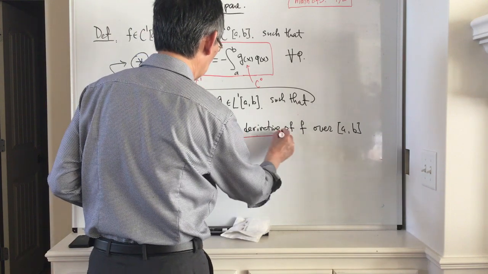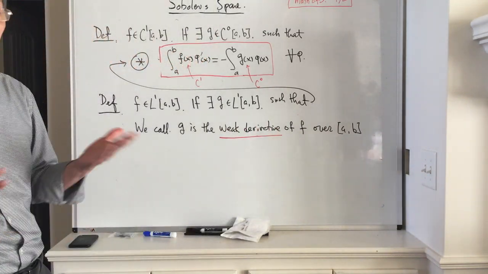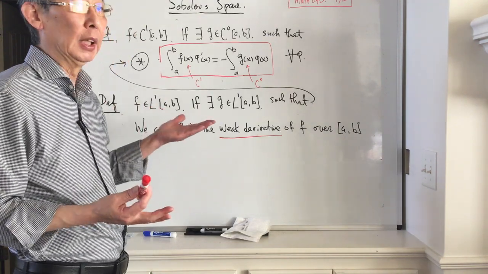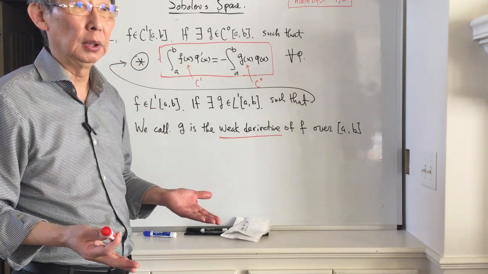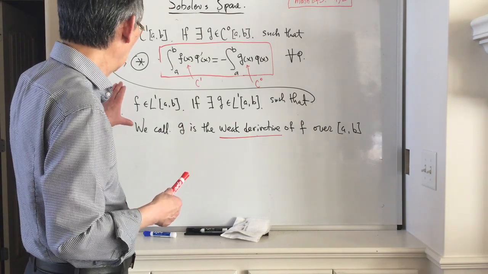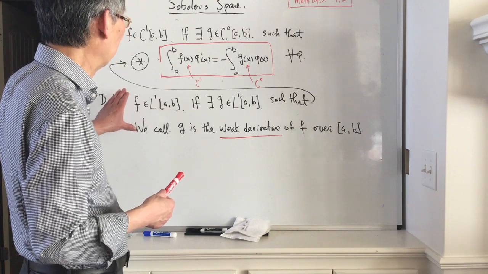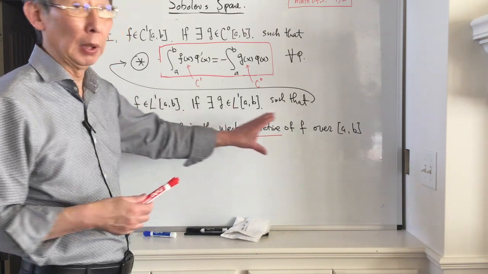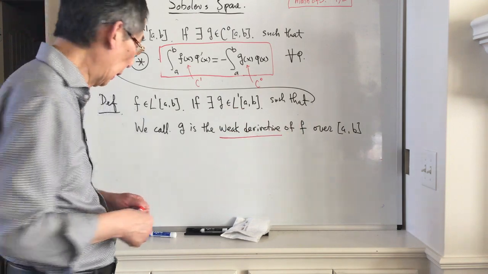Because in this case we get the existence of g, which looks like a derivative, but really f itself may not carry any derivative in the traditional sense. So this is the first step, where we need to understand what is meant by the weak derivative.